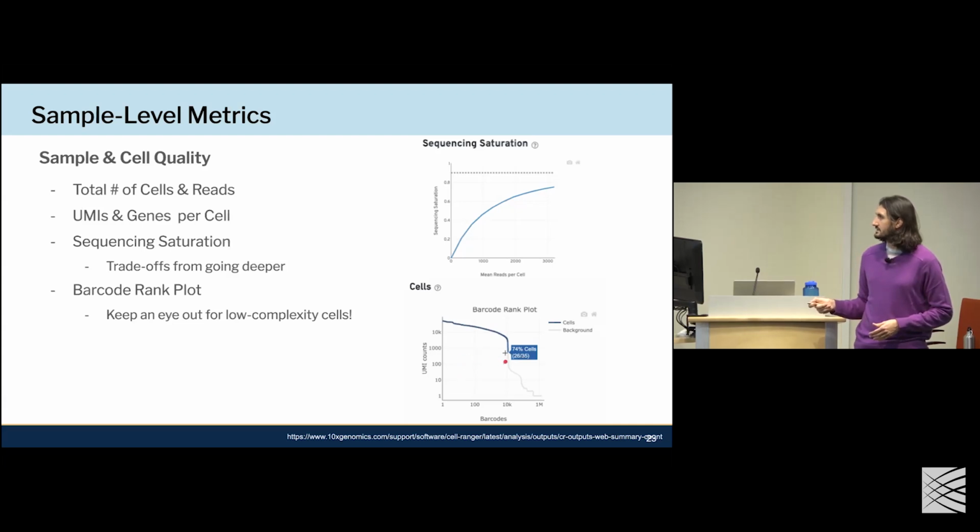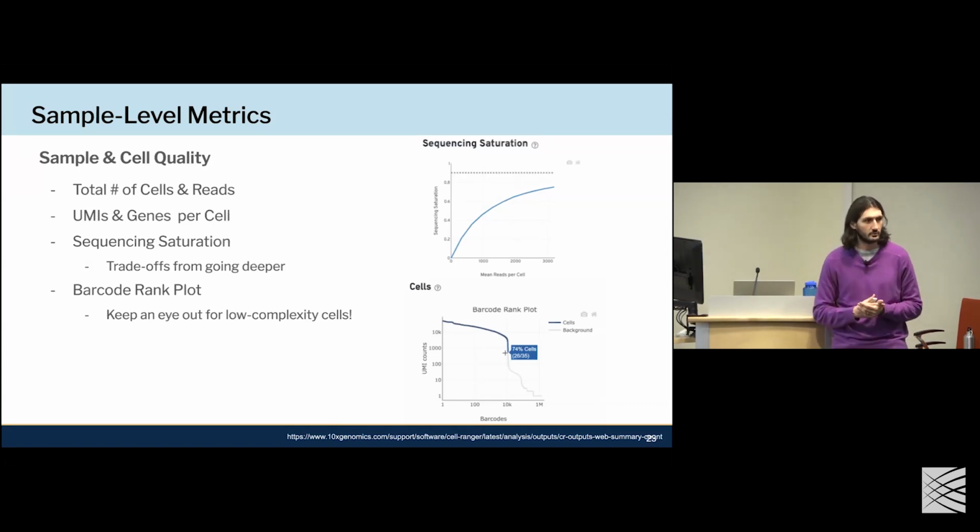This can be misleading. I always like to take a look at it because sometimes you get a double elbow. If you have granulocytes, for example, that have very low transcript mRNAs, you can get this double elbow, and by setting this automatic threshold, it could remove a whole population from your analysis. So if you're expecting to see something and you don't see it, it could be because of this first step.